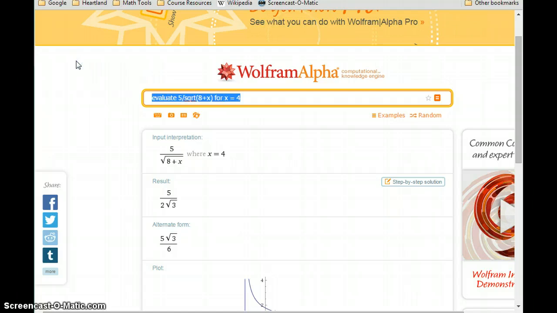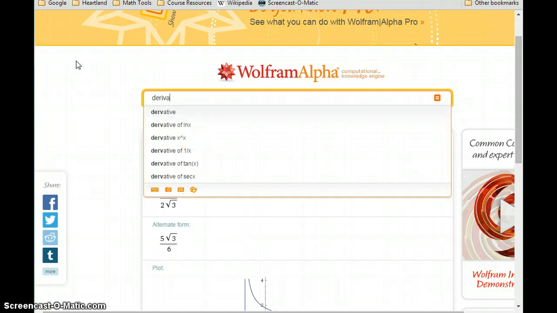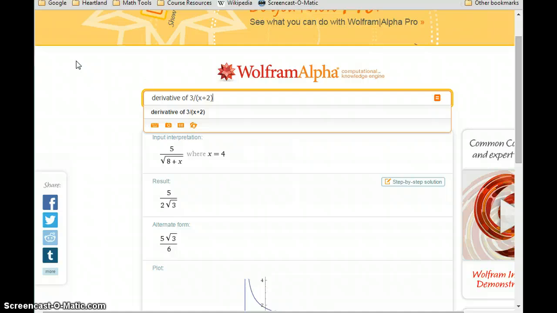So looking at one more example here, in example 3, we want to find the derivative of 3 divided by x plus 2. A lot of using Wolfram Alpha just comes down to knowing the format to type in these functions. In this case, we want to make sure that x plus 2 is inside parentheses, like I have it here. If we didn't have those parentheses, Wolfram Alpha would interpret it as 3 divided by x, that fraction on its own, and then it would add 2 to that.